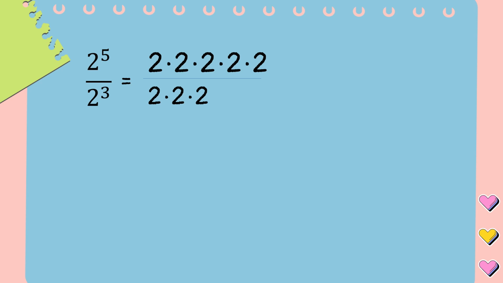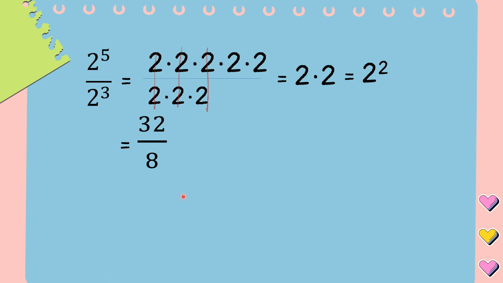And by cancellation, we cancel the common factors in both the numerator and denominator. So what's left is 2 times 2. And 2 times 2 in exponential form is 2 raised to 2. 2 is multiplied by itself 2 times. So that is 2 raised to 2.